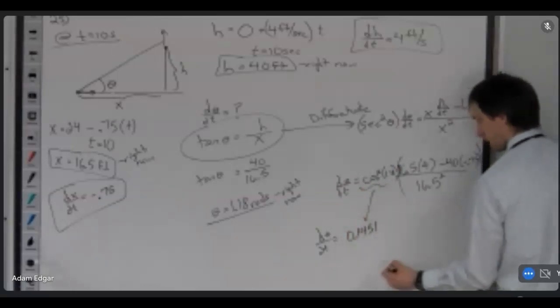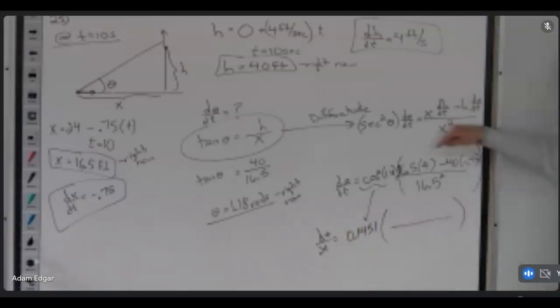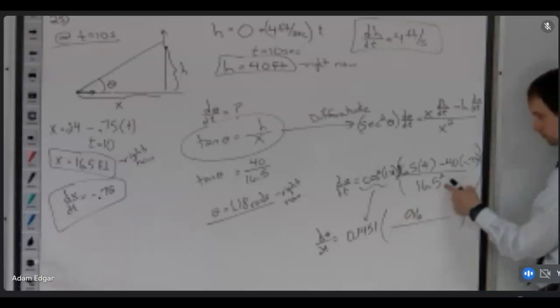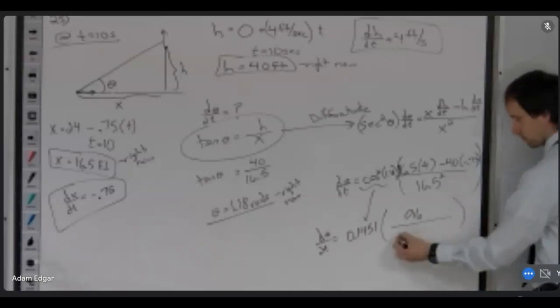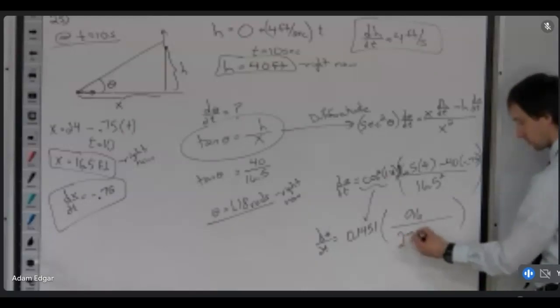All right. Then in here, what's 16.5 times 4 minus 40 times negative 0.75? That's 96. Oh, that's nice. And on the bottom, what's 16.5 all squared? 272.25. Okay, I can buy that.